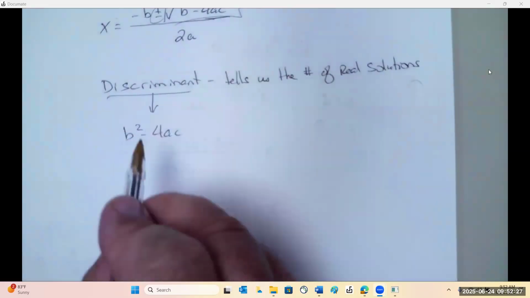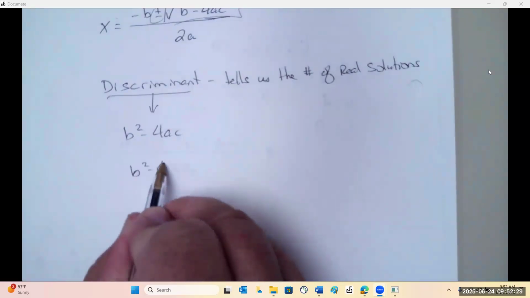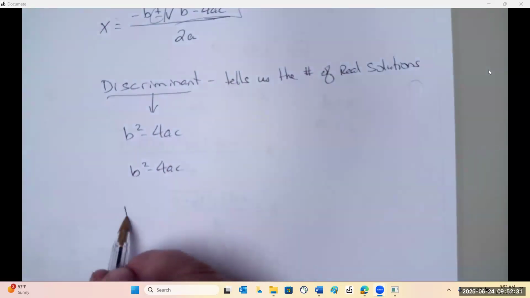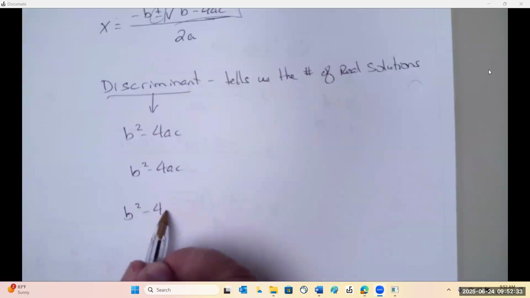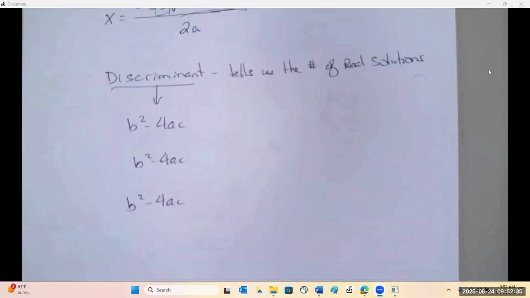That's the discriminant. And so it can have 3 possible outcomes. The discriminant tells us the number of real solutions we're going to have before we start doing anything.